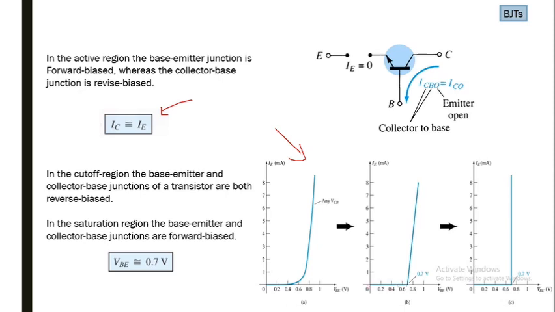Again, if you ignore the resistance of that PN junction, you can make this curve straight, so you can easily approximate VBE equal to 0.7 volt, like for the diode we had VD equal to 0.7 for silicon material.